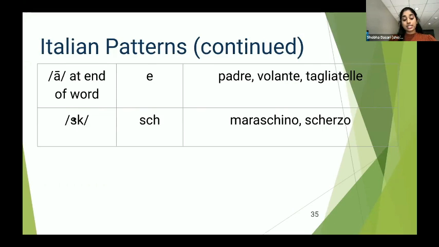This is SK, ska. In Italian, it's spelled with an SCH. So examples are maraschino. This can also be pronounced maraschino, but for this particular language pattern, maraschino. And then this one is scherzo. So the SCH is pronounced with a ska.